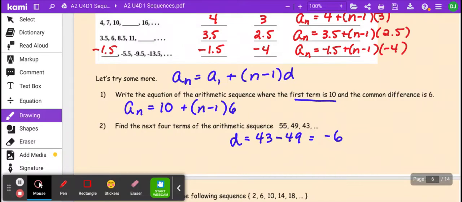Now you see the common difference happens to be negative 6. Then list the next 4 terms. That would be 37, 31, 25, and 19. That is one where I wouldn't use the formula. We use the formula where it's helpful. We don't want to use a formula where it's going to make life harder. This is find the common difference and get the next 4 in the sequence.